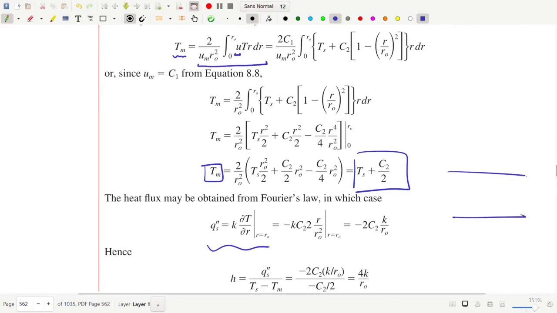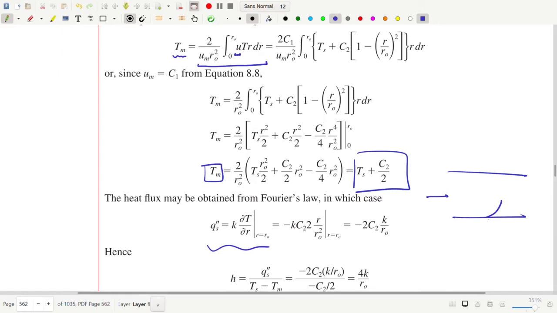So if you have a pipe like this with the fluid flowing inside it, and the difference of the temperature between the surface and T as a function of r is parabolic, what that means is the rate of conduction at the layer just above the solid surface is equal to the amount of heat convected overall from the surface. So this rate of heat conduction can be calculated using Fourier's law of heat conduction.